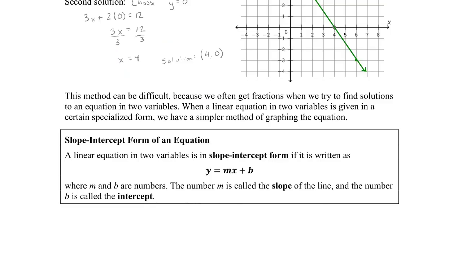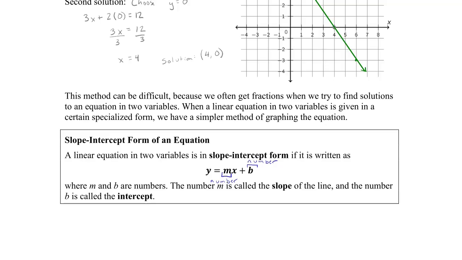The form that we're going to talk about is called the slope-intercept form. And the form that we have is y equals a number times x plus another number. So this is a number. This is also a number.